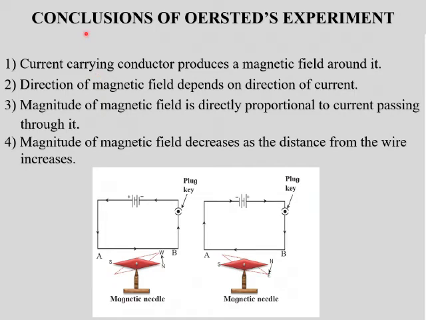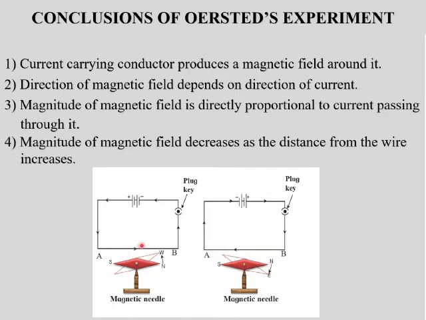Let us try to understand the conclusions of Ørsted's experiment. The first conclusion: a current carrying conductor produces a magnetic field around it. So this is what he observed, that so long as he passed current through the conducting wires, there was a magnetic field that was developed around them.